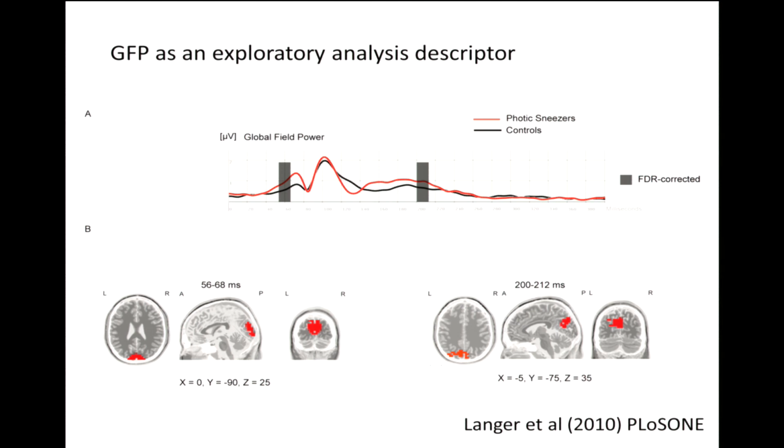Combining these two gives you a nice story. One helps us where to look, and the other applies a different analysis, because global field power doesn't tell you where in the brain. It tells you when something is happening, and happening at a global scale.